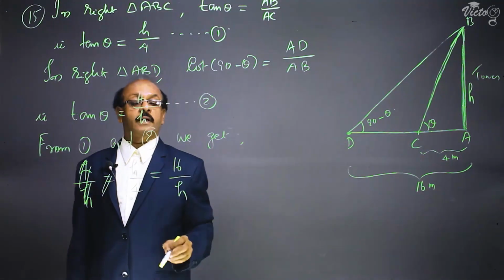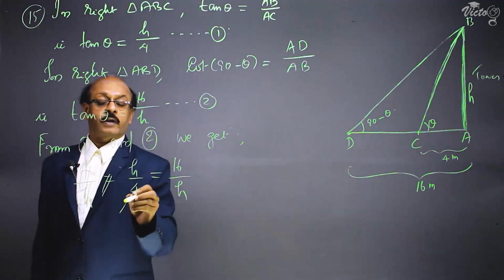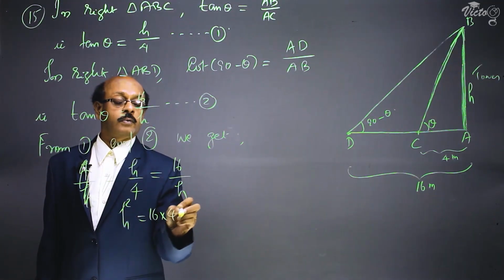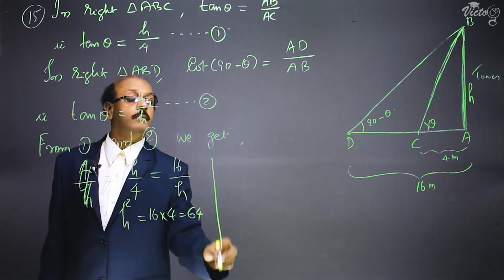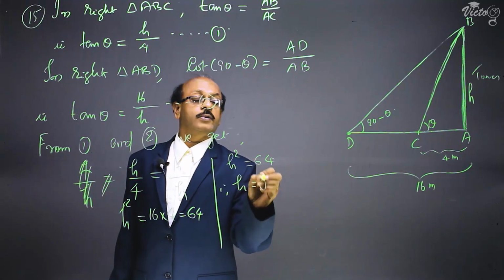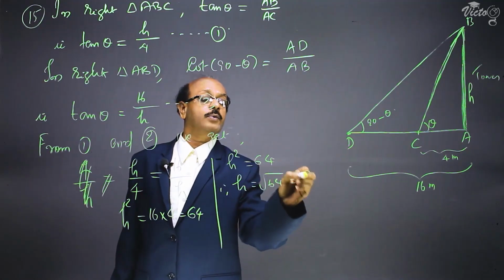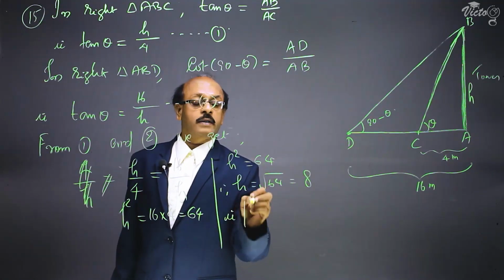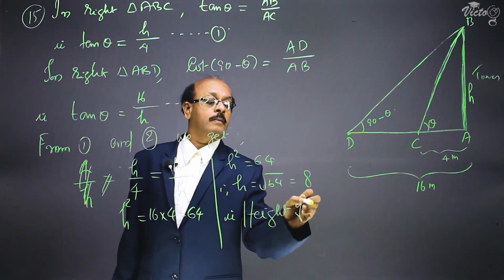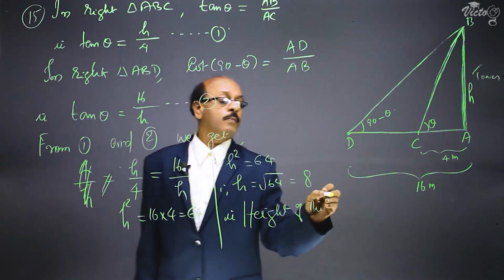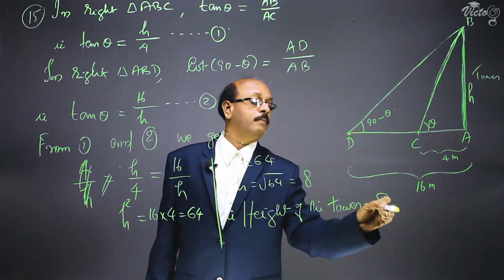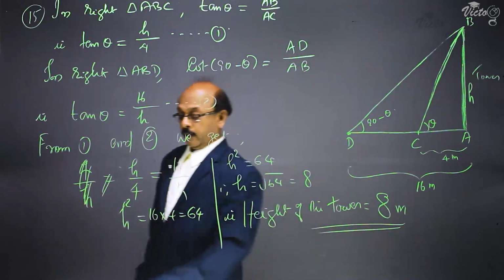On cross multiplication, h square is equal to 16 into 4, which is equal to 64. H square is equal to 64, therefore h is equal to root 64, which is equal to 8. That is the height of the tower, equal to 8 meters, is the answer.